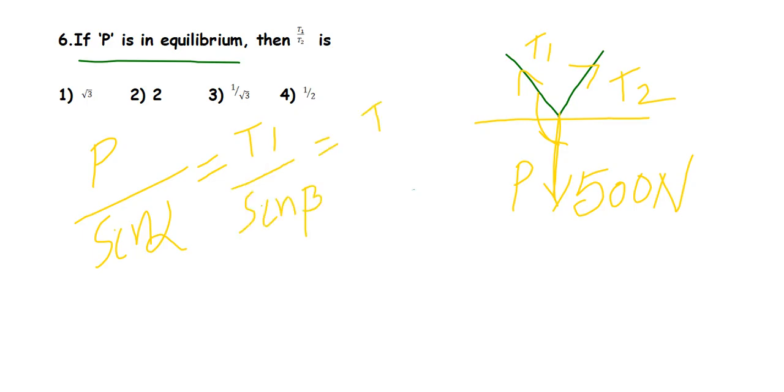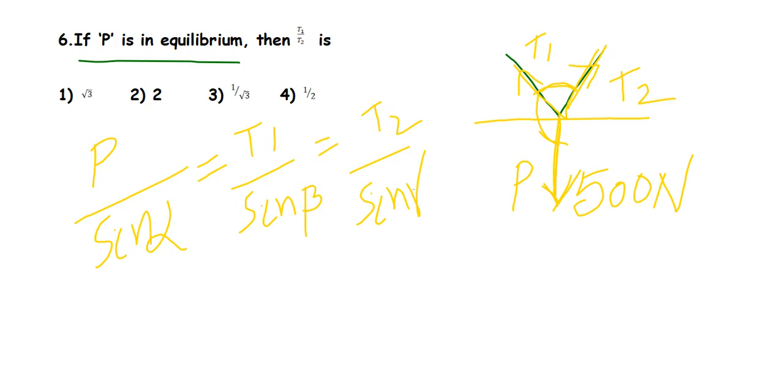So here the force P and the angle between the remaining two forces T1 and T2 is constant. This is Lami's theorem. We discussed this Lami's theorem in our last videos.